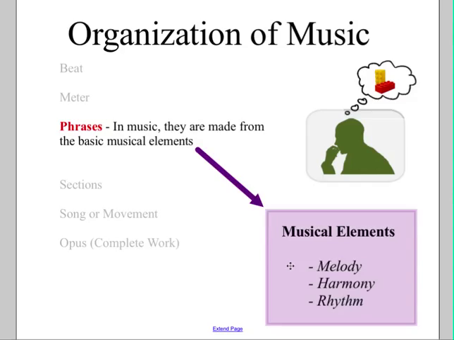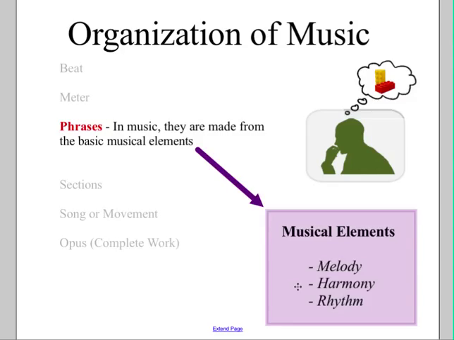They can be simple, like Mary had a little lamb. That's a musical phrase. They could be short, like Beethoven's famous motif from his Fifth Symphony. Or they could be long, wonderful melodies like works from Tchaikovsky or something like that.